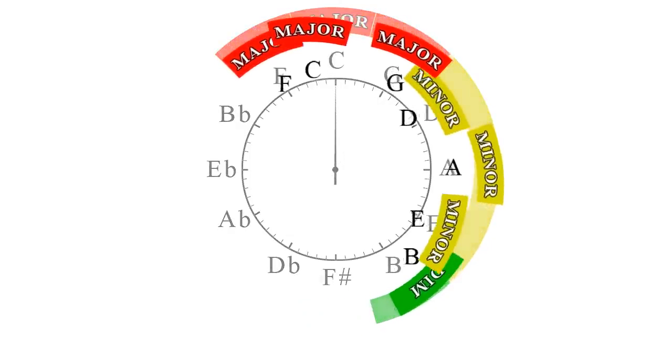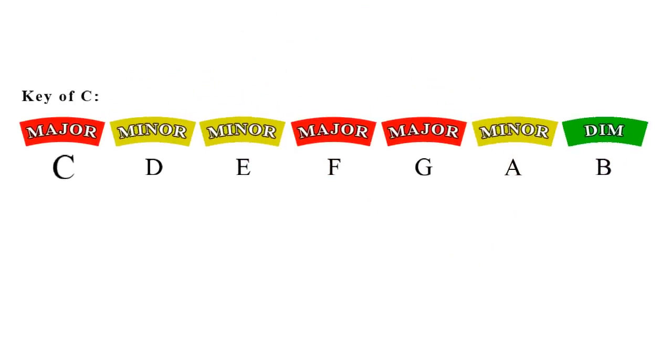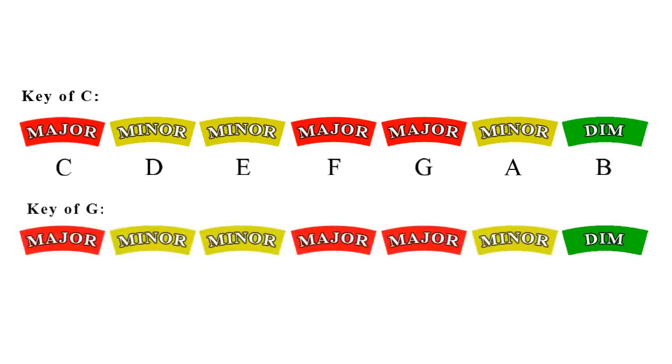So as we discovered before, in the key of C, the chords available to us are C major, D minor, E minor, F major, G major, A minor, and B diminished. In the key of G, the chords available to us are G major, A minor, B minor, C major, D major, E minor, and F sharp diminished.